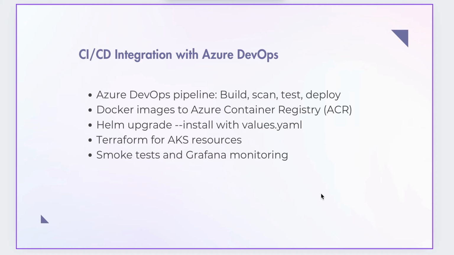To streamline deployments, I integrated Helm charts into Azure DevOps CI/CD pipelines, automating the entire process from code to production. The pipeline started with building and compiling microservices, pushing Docker images to Azure Container Registry, where Azure Defender scanned for vulnerabilities.